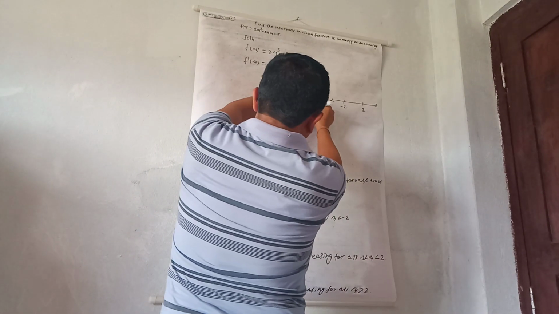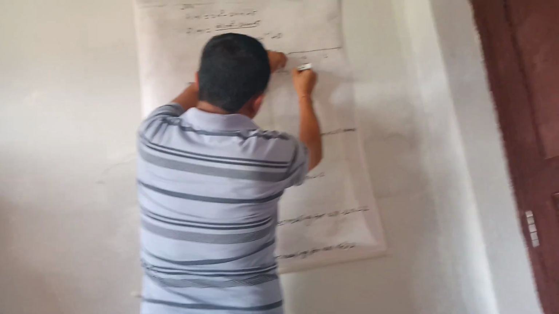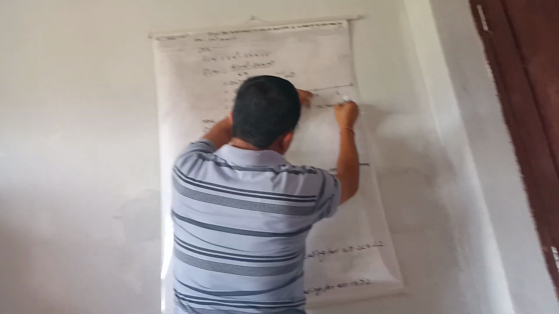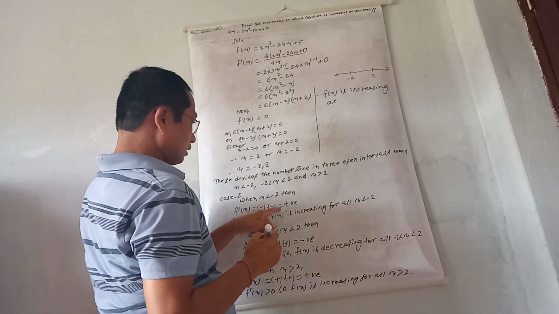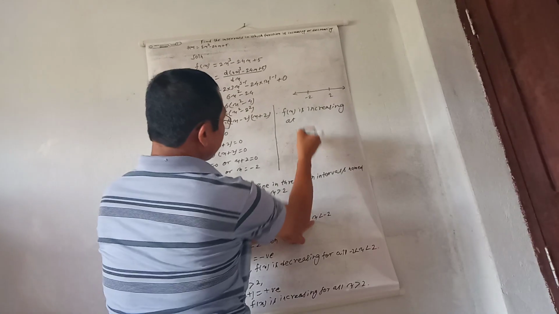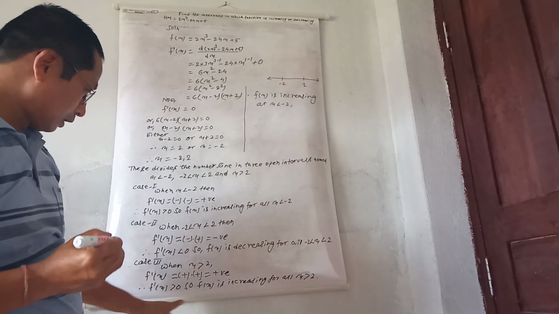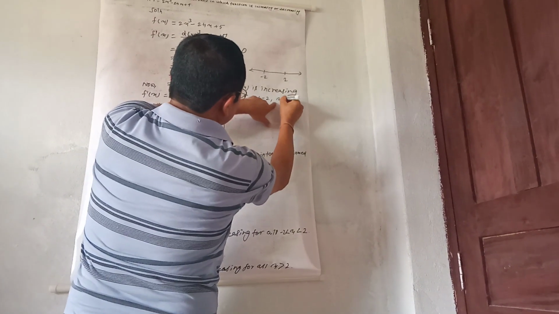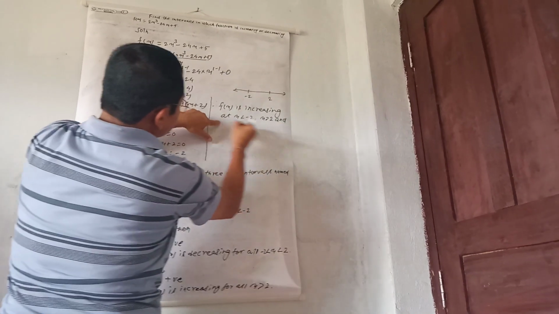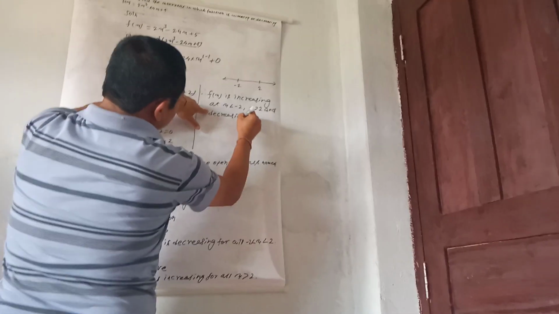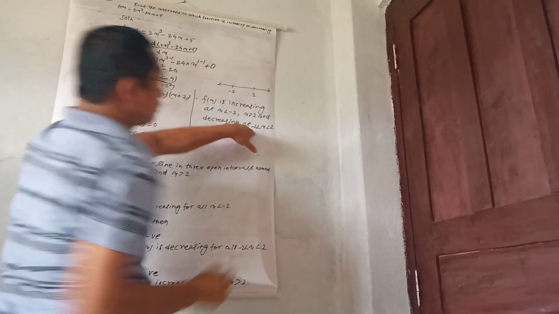So here we can write at last, therefore f(x) is increasing at x smaller than -2, and again increasing at x greater than 2, and decreasing at x greater than -2 and smaller than 2.